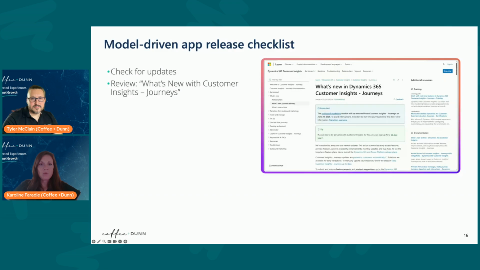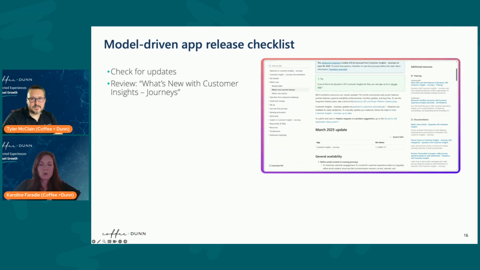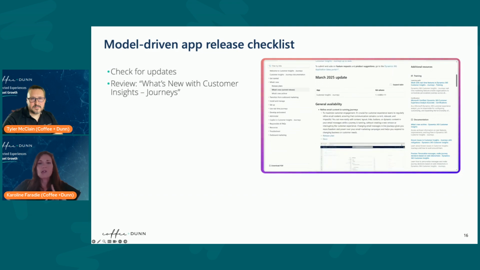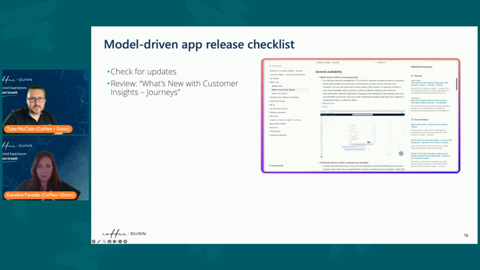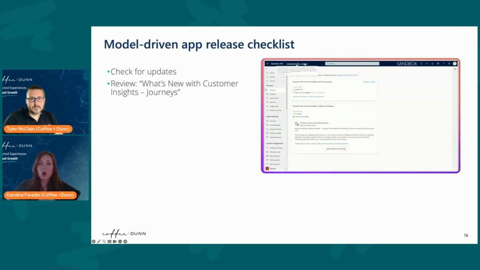So now if we can get into our first one, first and foremost when we are thinking of our checklist is always check for updates. Since the Customer Insights applications are constantly evolving, they're always pushing out new areas of the tool or making a lot of improvements, whether it's bug fixes or enhancements from Microsoft.